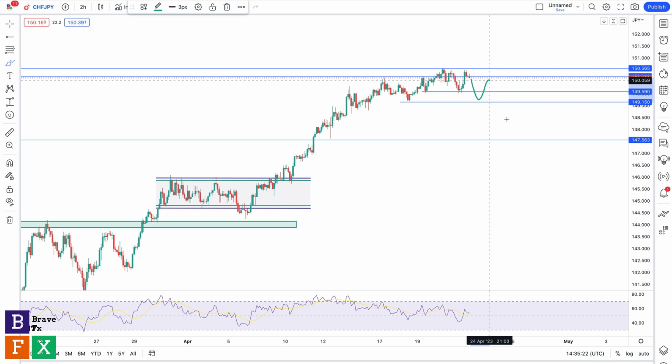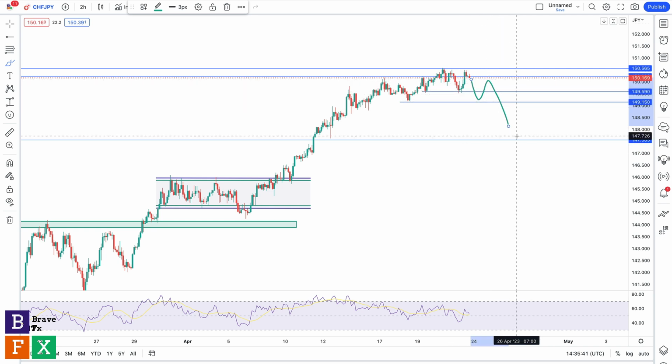This would be my scenario to go short for CHF-JPY, because creating a lower low means we might be changing direction, right? Because this is a bullish market structure, so we might be creating a bearish market structure if we indeed get a lower low and a swing high taking price downwards.